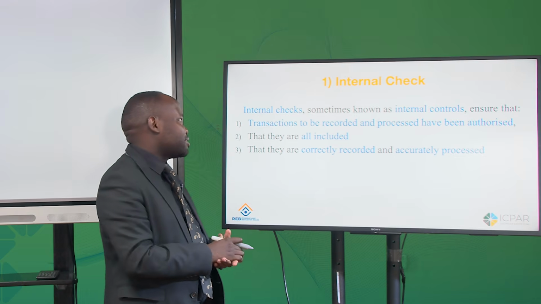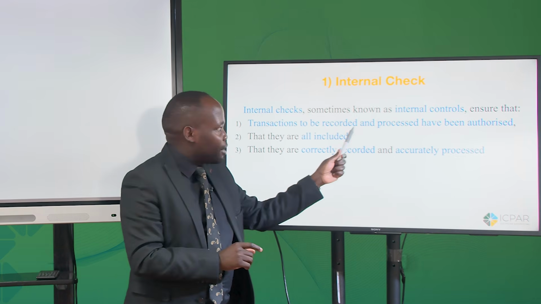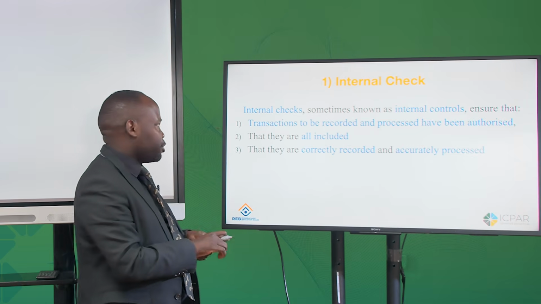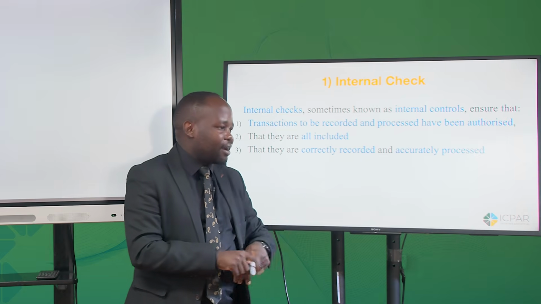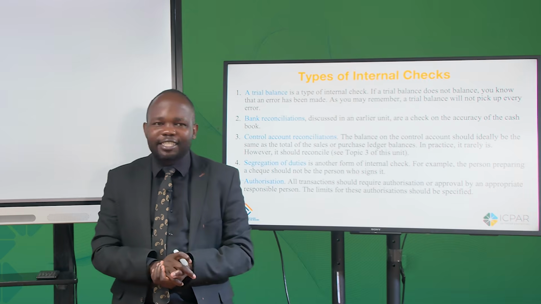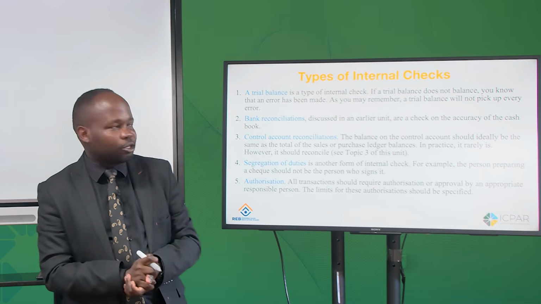So internal checks or internal controls are to ensure transactions are recorded and processed, have been authorized, and that they are all included and they are accurate. What are the different types of internal controls or internal checks that we have?